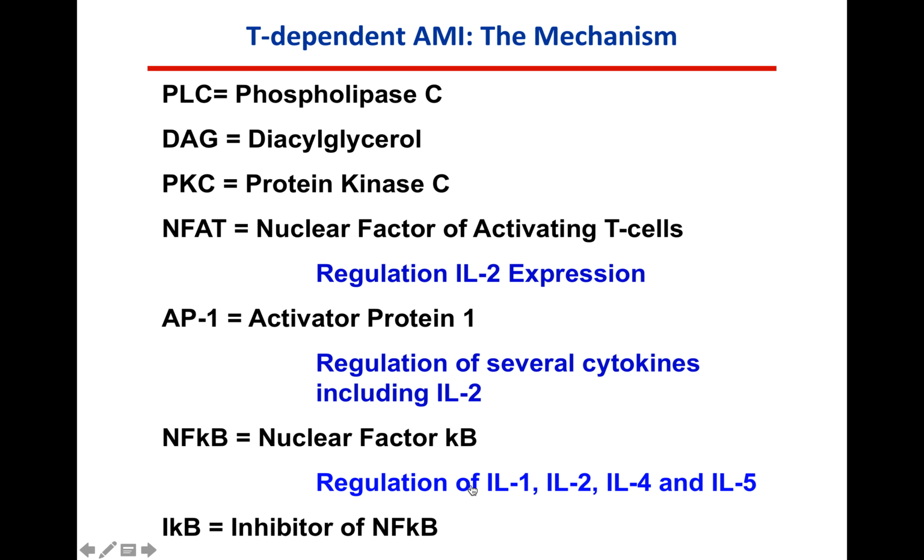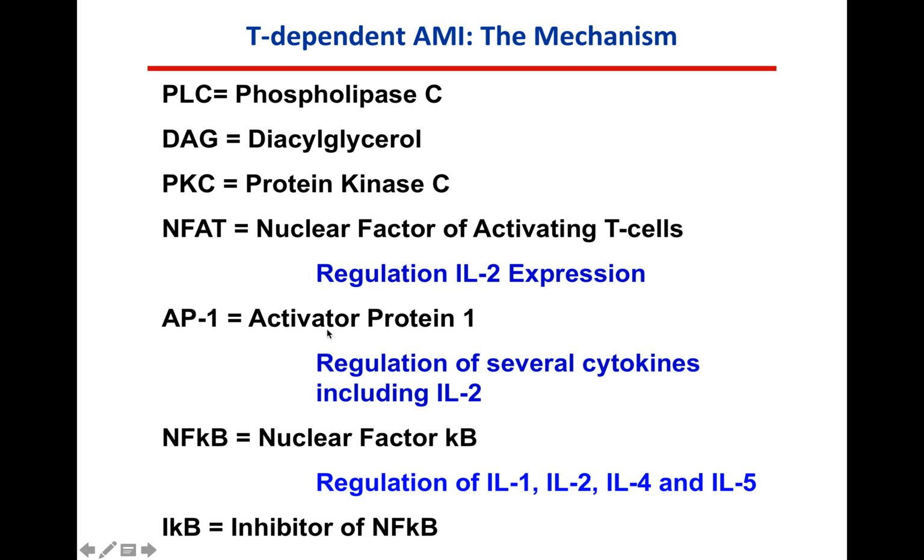What I've given you here is a little glossary of the different proteins that are important for cell signaling. Phospholipase C, diacylglycerol, protein kinase C, nuclear factor NFAT, or nuclear factor of activating T cells. These regulate IL-2 expression.